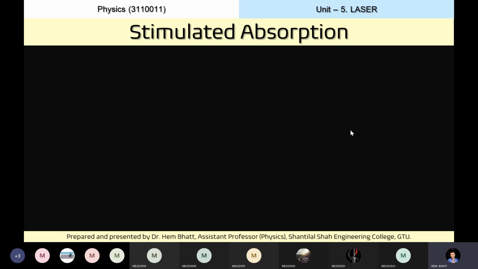Explain in your own words. Sir, when we provide a photon or light to an atom, it goes from the lower state to the higher excited state. Okay, that is the process: you provide energy and send an electron from a lower energy level to a higher energy level. Very good. This process is called stimulated absorption.